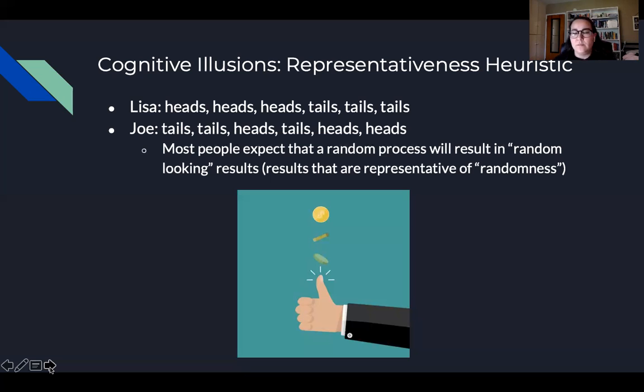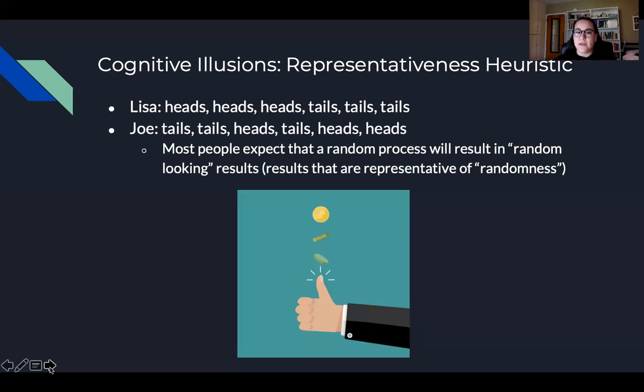The problem is that people will generally come to expect a random process, such as coin flipping, to always produce results that look random. This means they expect the results to be representative of the process that is used to generate them.